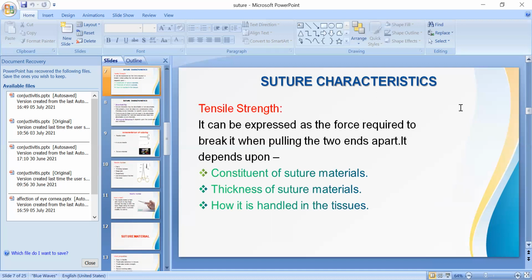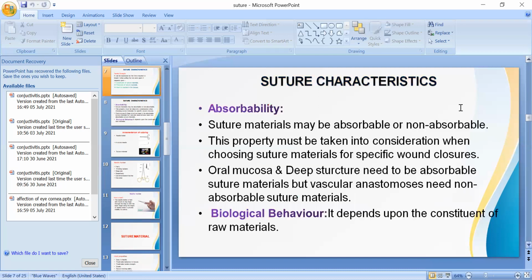You can judge the tensile strength of suture material this way. It depends upon the constituents of the suture material, the thickness of the suture material, and how it is handled in the tissue.